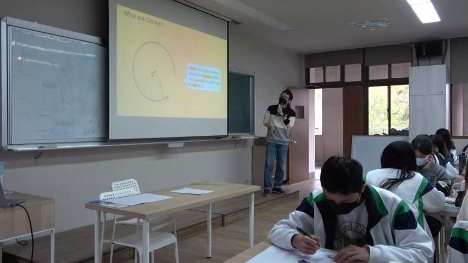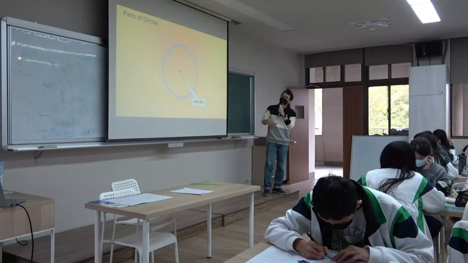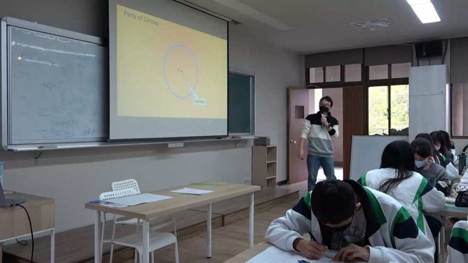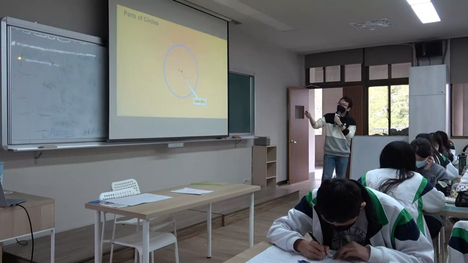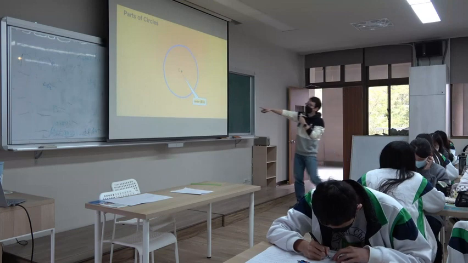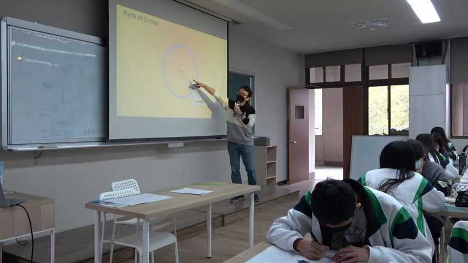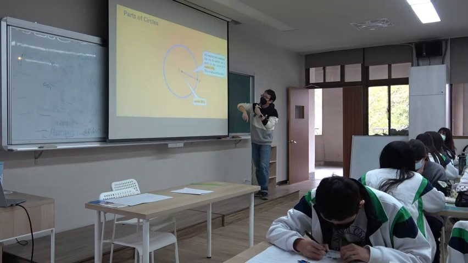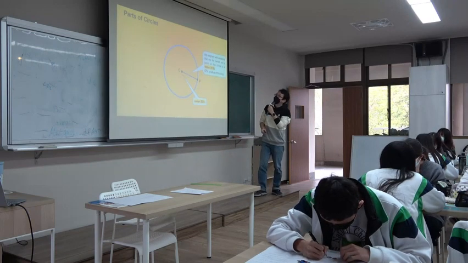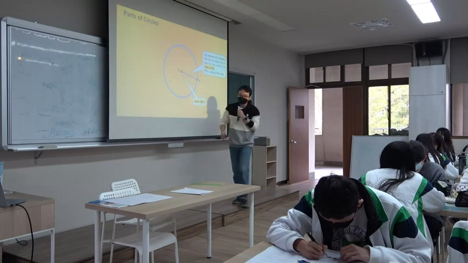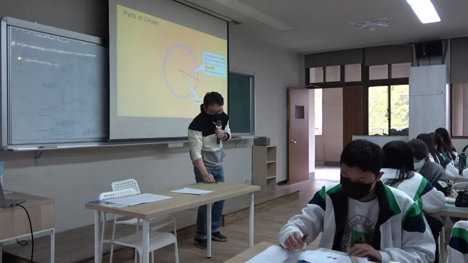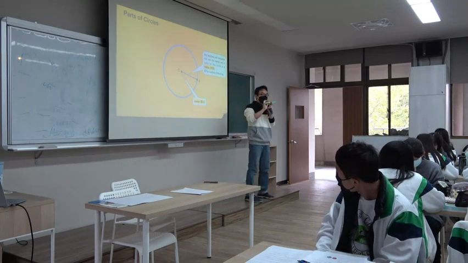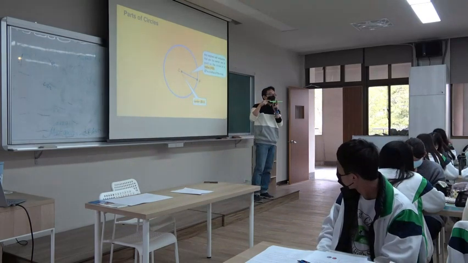Okay, and here let's study some terms of circles. This is the center of the circle. And any segment with end point. Segment means 线段. Okay? Each segment has 2 end points.